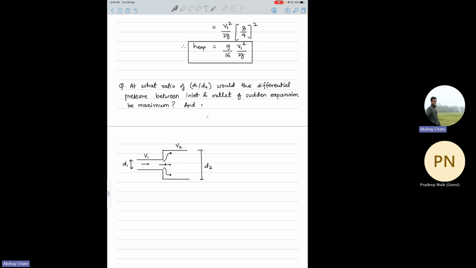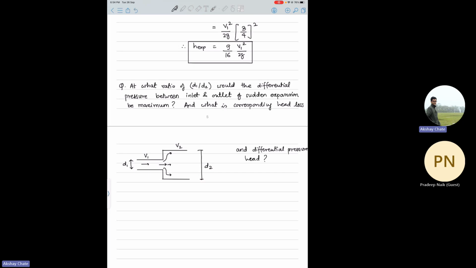And what is the corresponding head loss and differential pressure head?